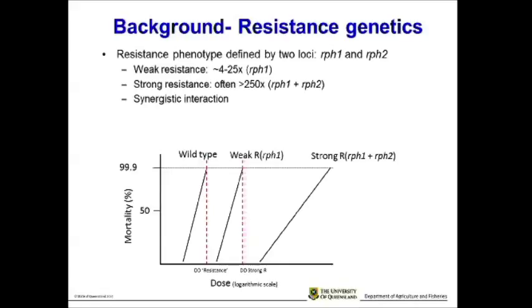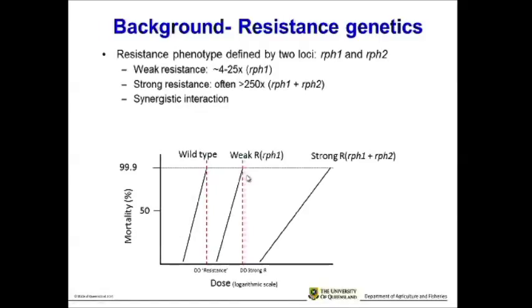So we've looked at the genetics of resistance in a fair number of species now, and we find that in every case there are two major resistance genes, resistance to phosphine 1 and resistance to phosphine 2, RPH1 and RPH2. And weak resistance comes about from that RPH1 gene, and the resistance, depending on the species, is up to about 25 times the basal level of susceptibility.